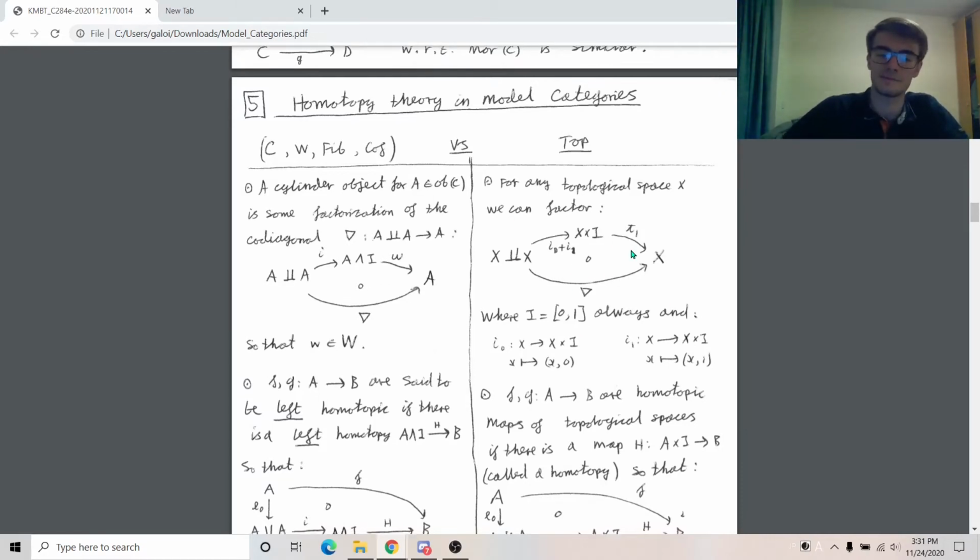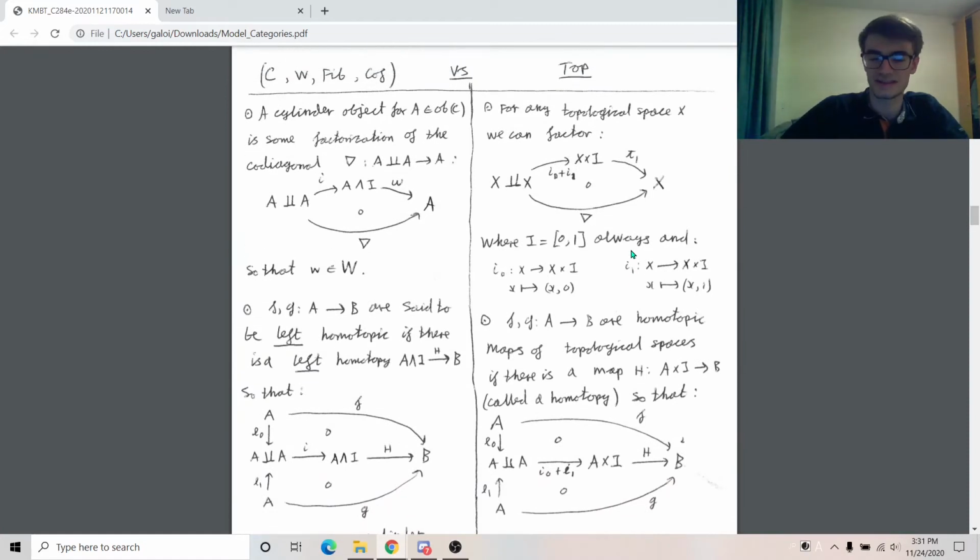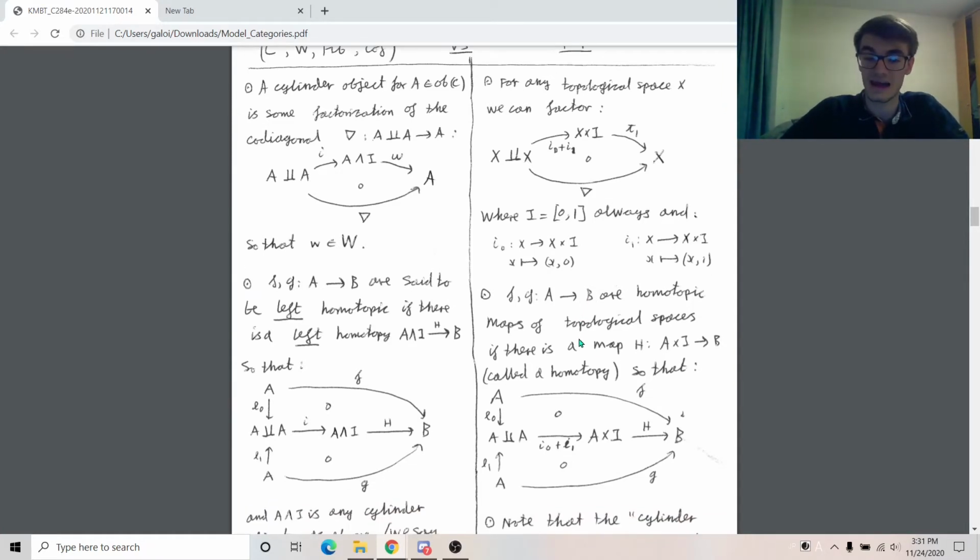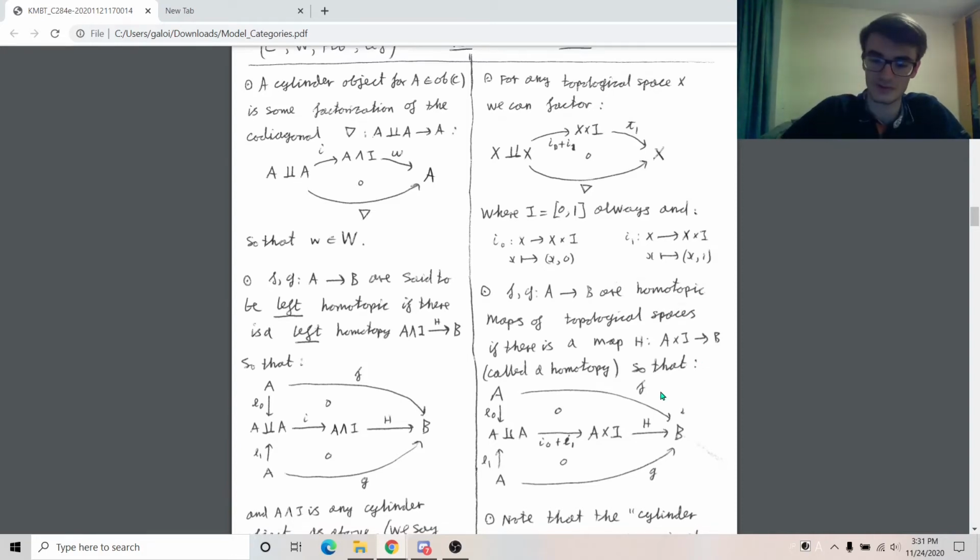And why do we care about this? Well, in order to exhibit a homotopy between two maps F and G between topological spaces A and B, you want to produce a homotopy, a map H from A cross I, the cylinder of A, into B, and you want it to make this diagram commute.